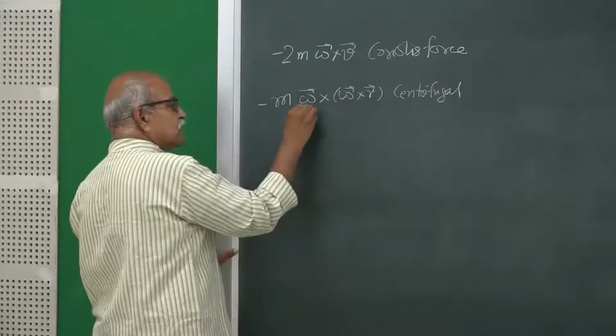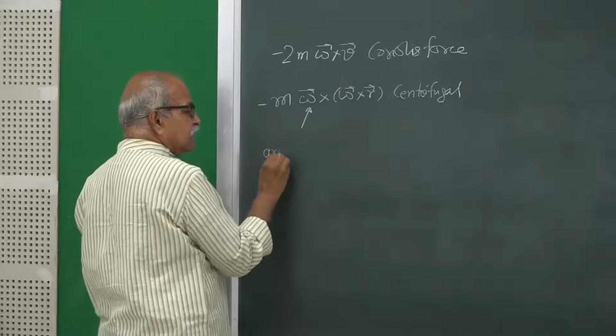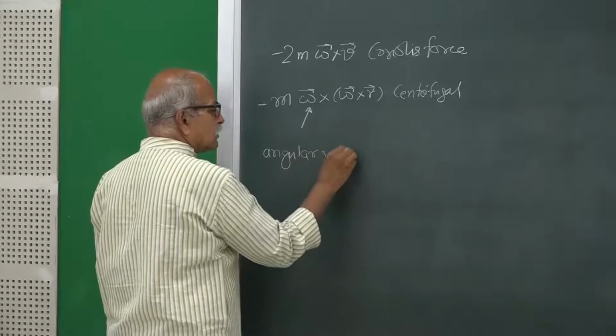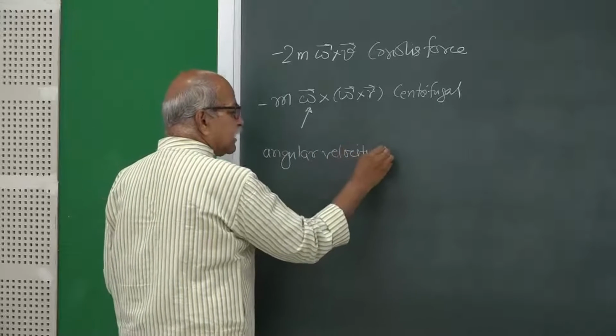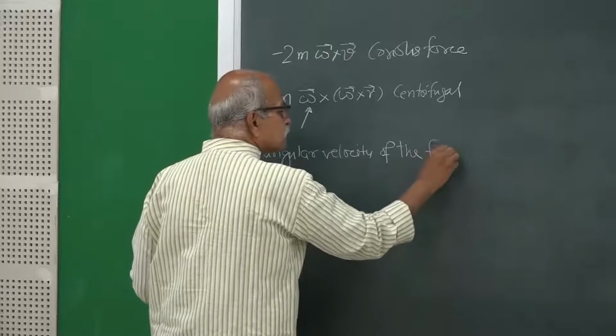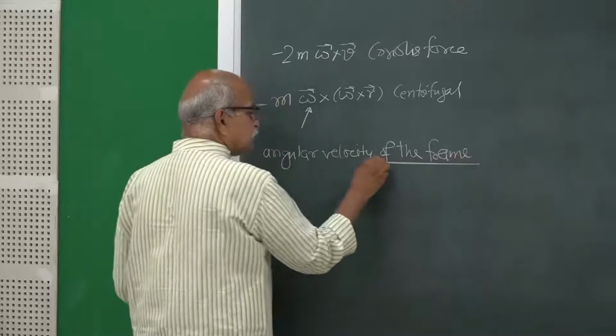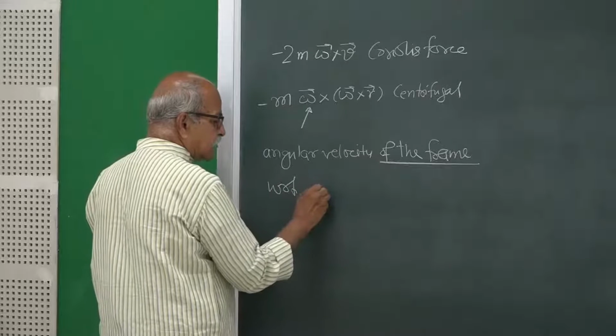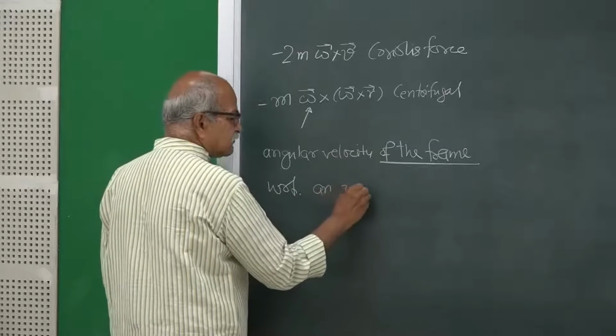This omega is the angular velocity of the frame. This is important, of the frame, not of the particle, of the frame with respect to an inertial frame of reference.